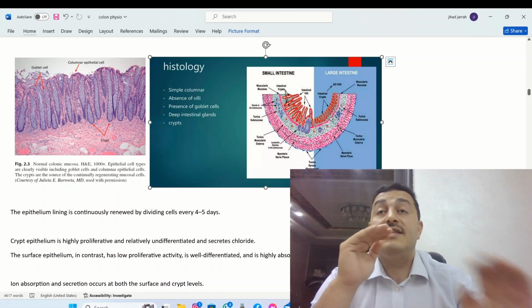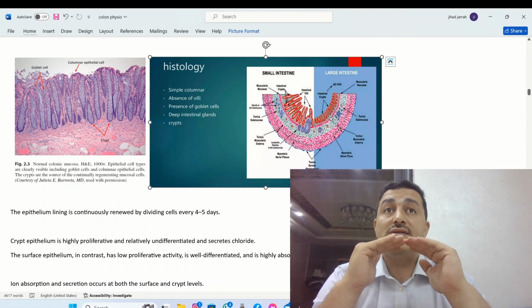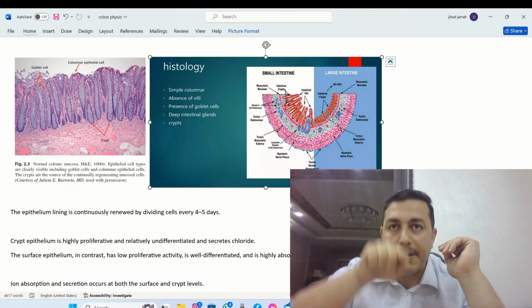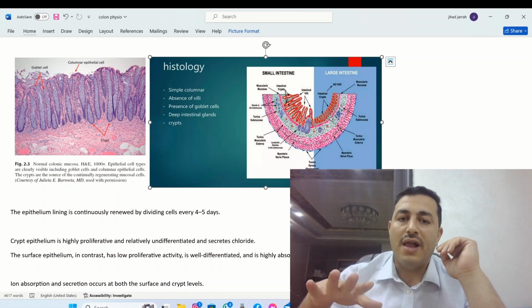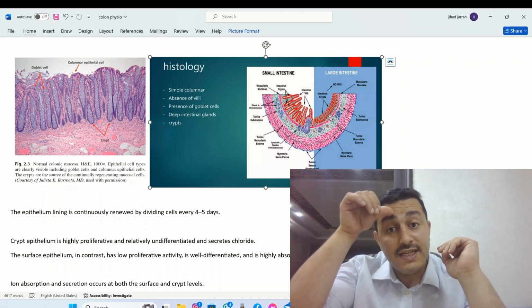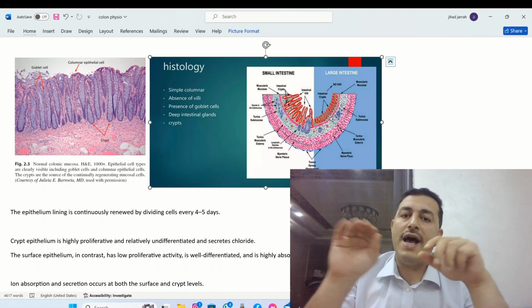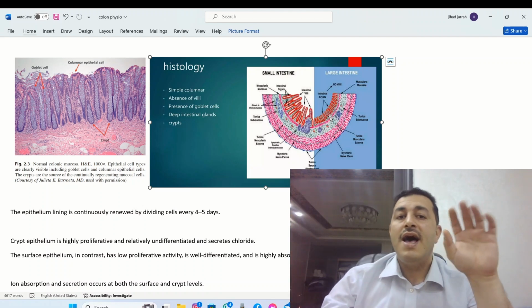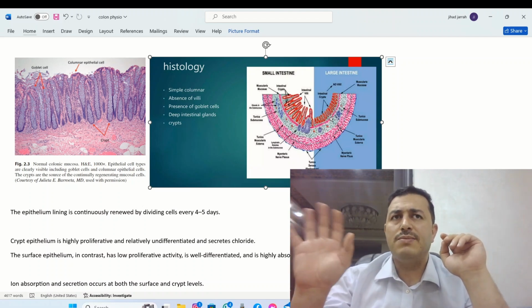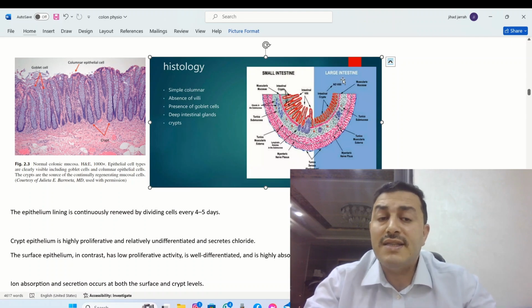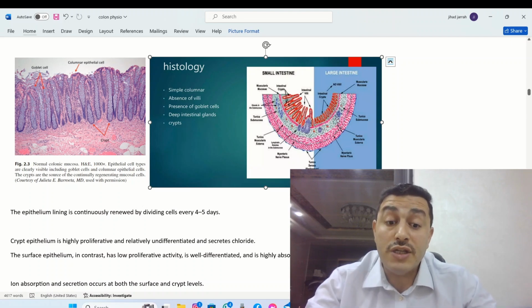The epithelium consists of the epithelial surface and crypts, no villi. Villi are responsible for absorption and digestion, which is not required in the large intestine.